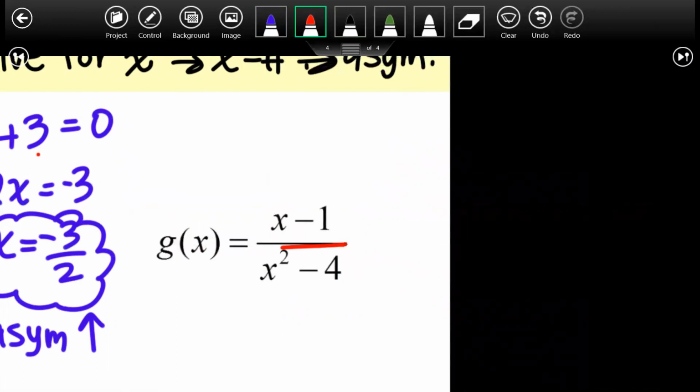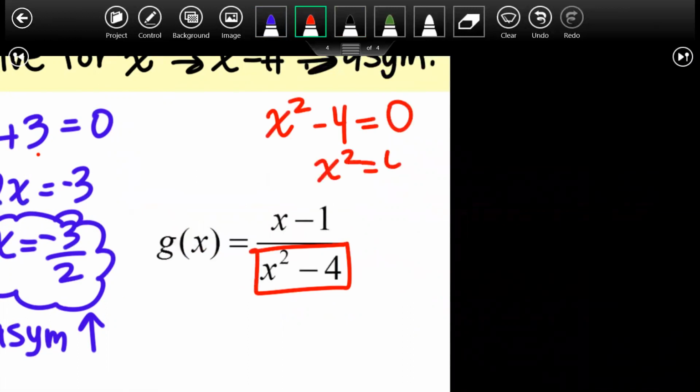The bottom, again. x squared minus 4 is equal to 0. Solving this out, we get x squared is equal to 4. So x is equal to plus or minus 2. How many asymptotes do I have with this one? 2.